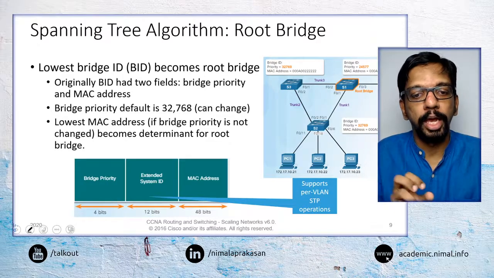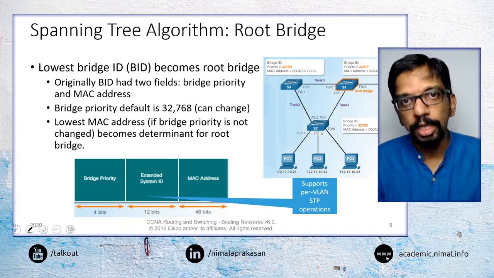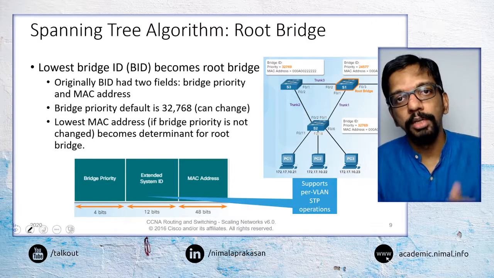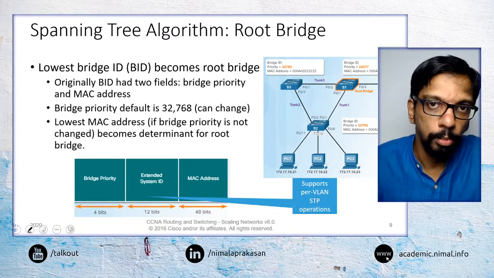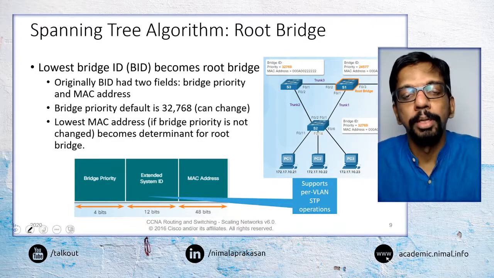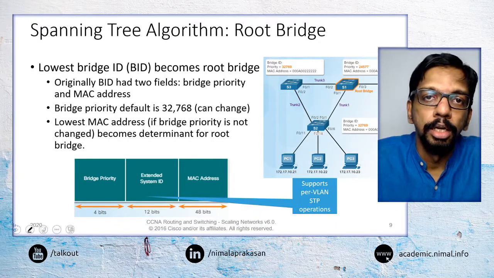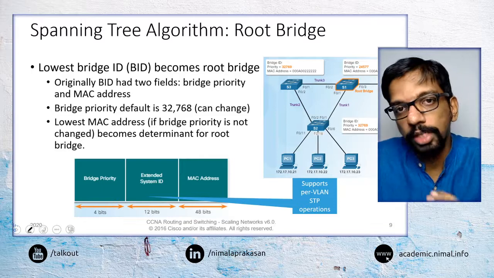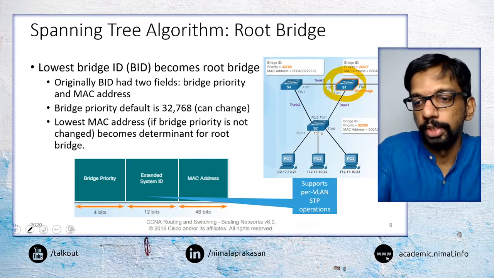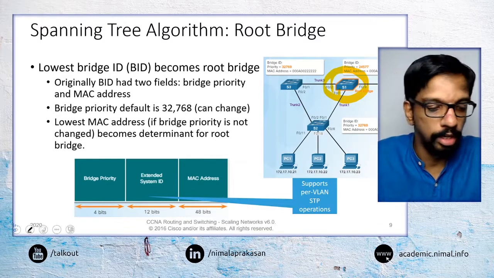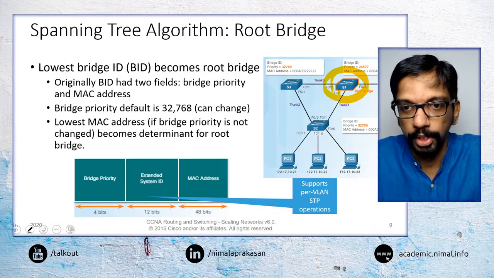Because the bridge priority is normally set to default, the lowest bridge ID will depend on the lowest MAC address. So the device with the lowest MAC address will be elected as the root bridge. That will be the first thing that happens when the spanning tree protocol operates.